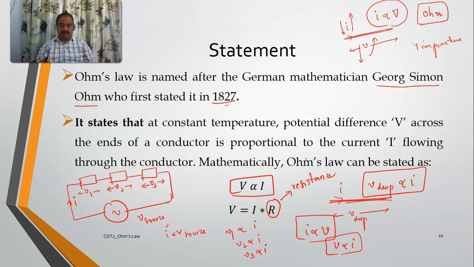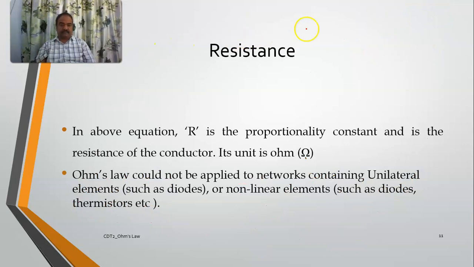Okay. And this resistance R, we have discussed in the last class. It is a property of an element by virtue of which it opposes the flow of current. And this resistance varies with the nature of the material.